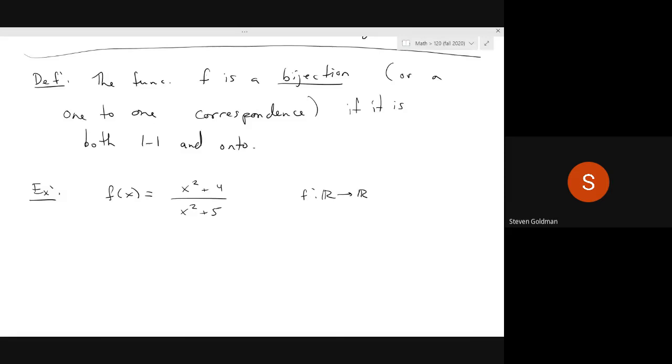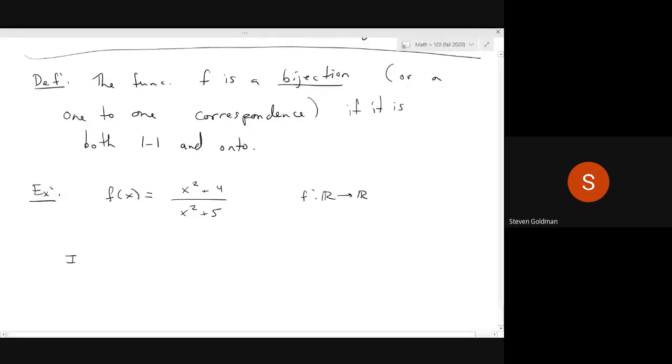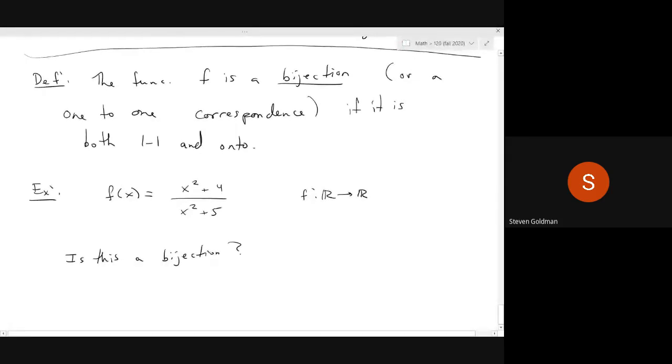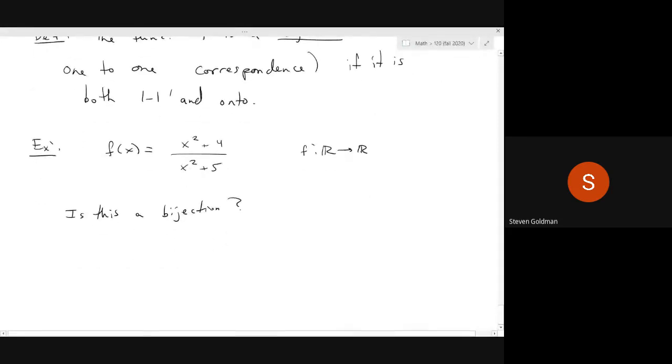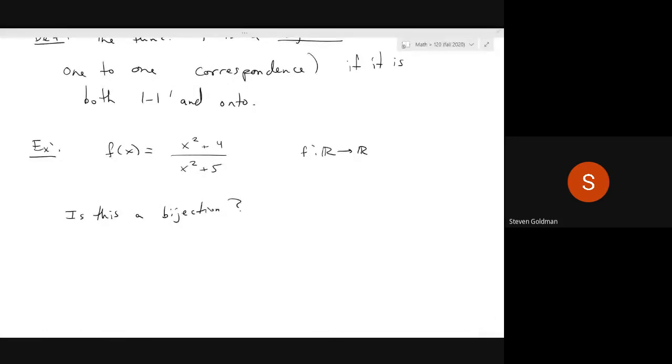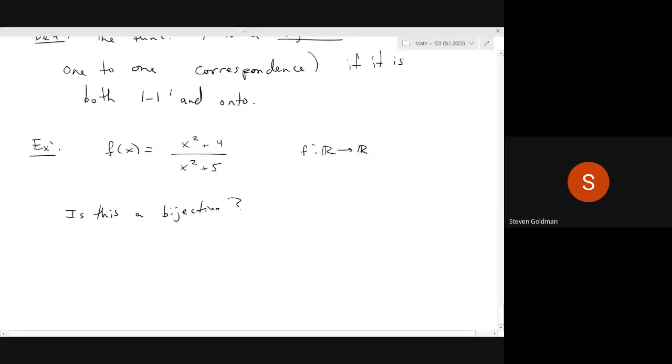Is this function a bijection? Well, to be a bijection, it's got to be both one-to-one and onto.